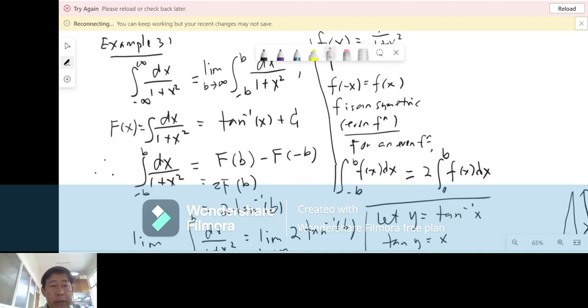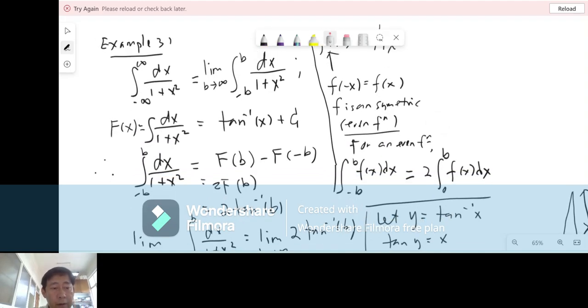We show that the expression for this proper and finite integral in terms of b is just 2 arctangent b by referring to the integral table. The next step is to then take the limit of b to infinity.